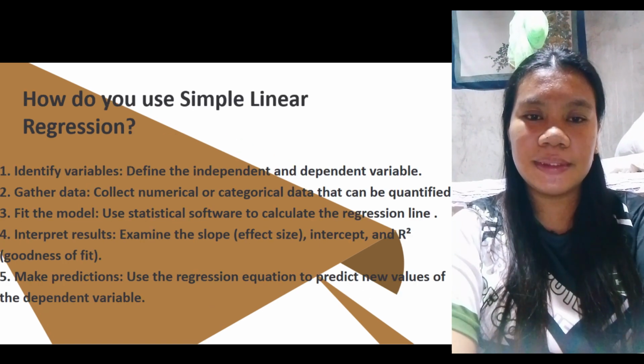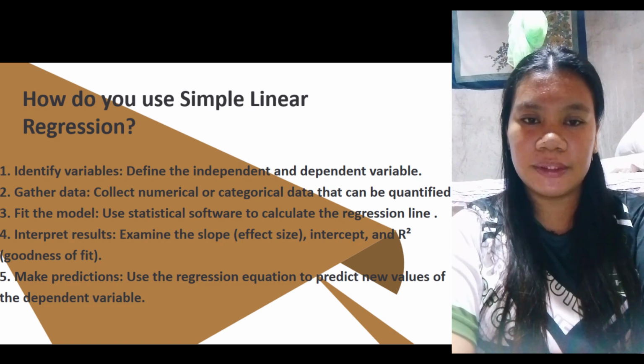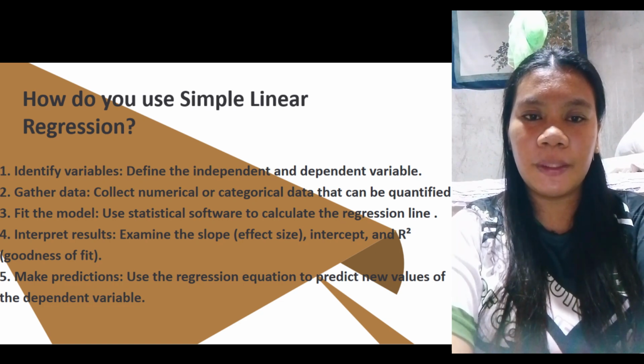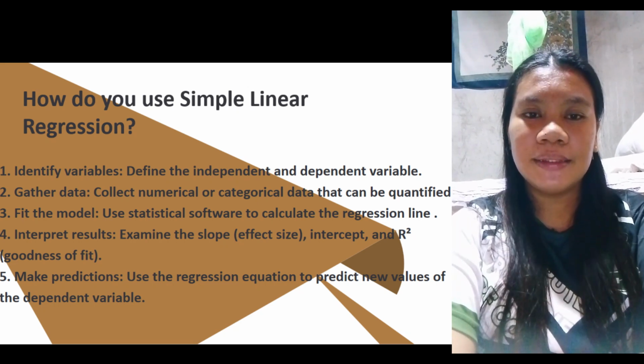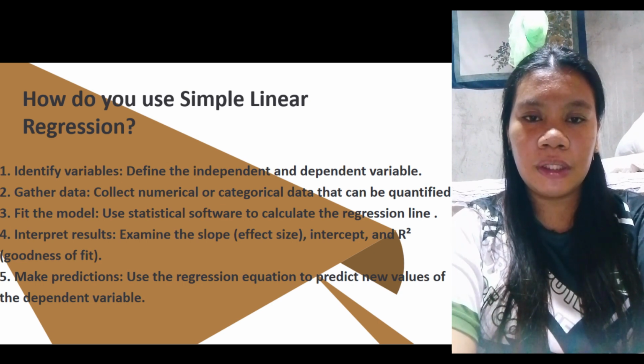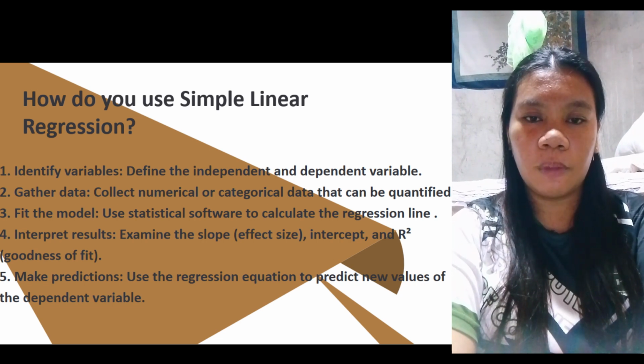So how do you use simple linear regression? Number one, identify variables. We need to identify the independent variable, which is our predictor, and the dependent variable, which is our income. Second, gather data. We need to gather and collect numerical or categorical data that can be quantified. Third, fit the model.